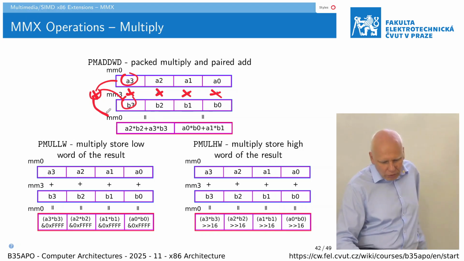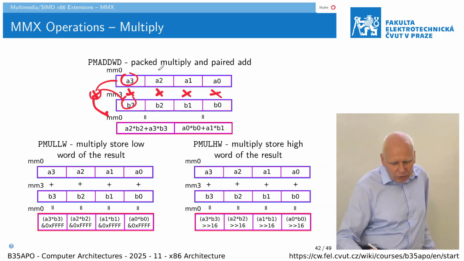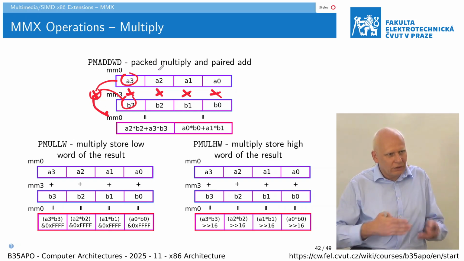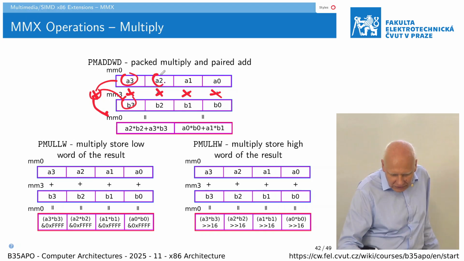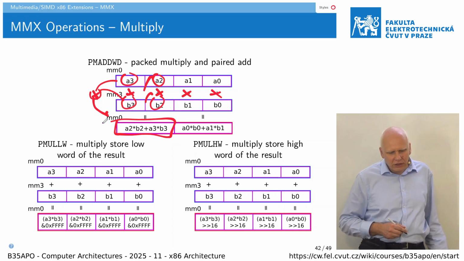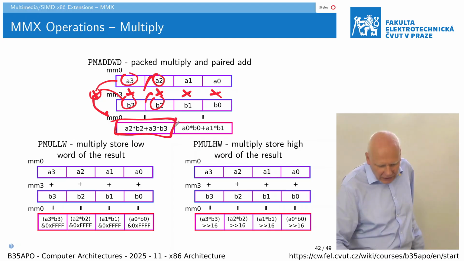Because it could overflow, and you quite often need scalar products of vectors, they decided that if you do those two multiplications in parallel, those results will be combined into a partial sum. So you can do something like this.